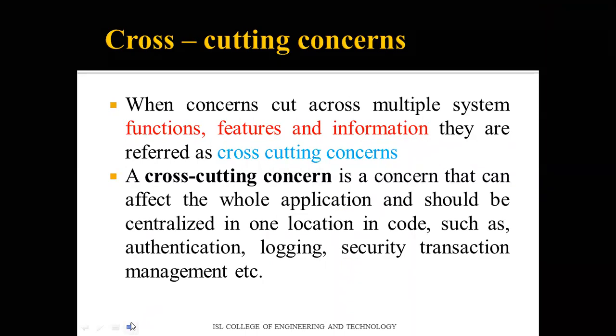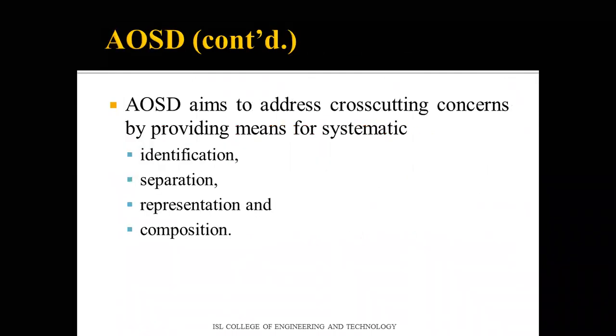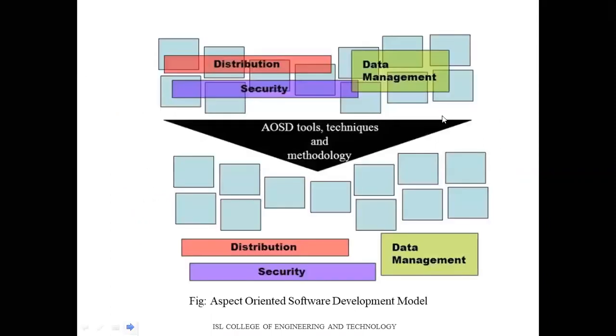So we know what aspects are, what the different concerns are, and what cross-cutting concerns are. As we have studied, the aspect-oriented software development technique is used to support programmers in cleanly separating the different components and features from each other. As you're separating the different features and components from each other, it is going to address these cross-cutting concerns.